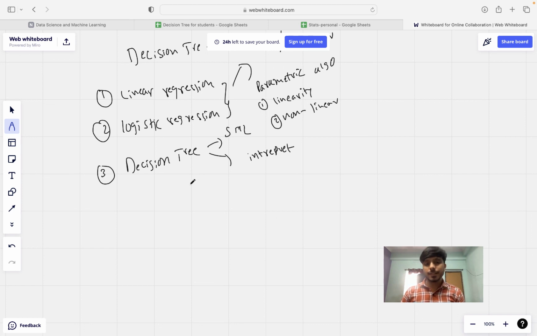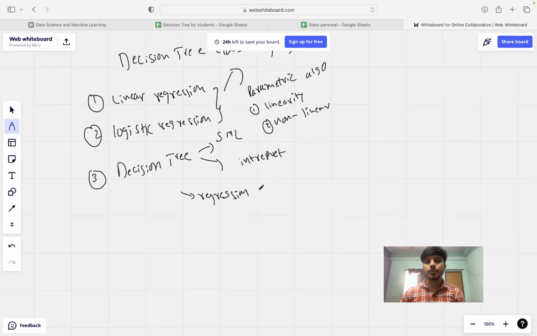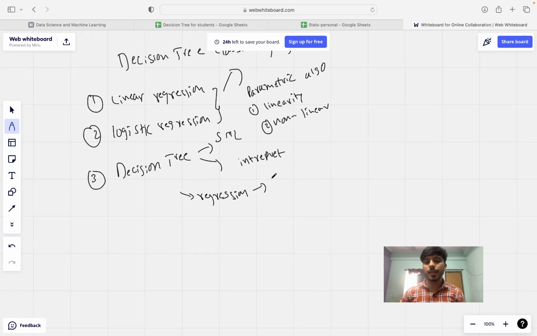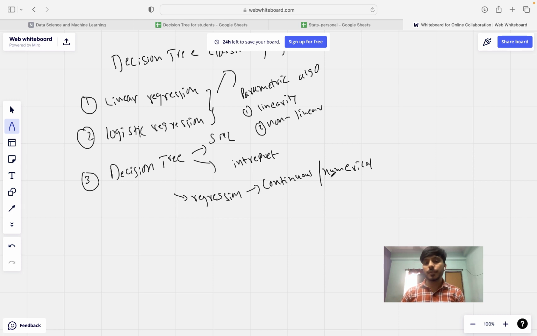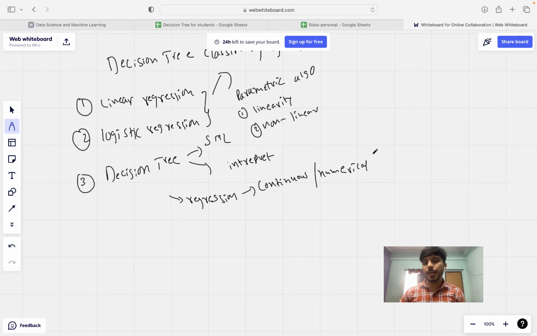As I said, decision tree works for both regression problems and classification problems. Regression problems are those cases where your target variable is a numerical or continuous value. When you have a target variable that is numerical or continuous, then you apply regression.